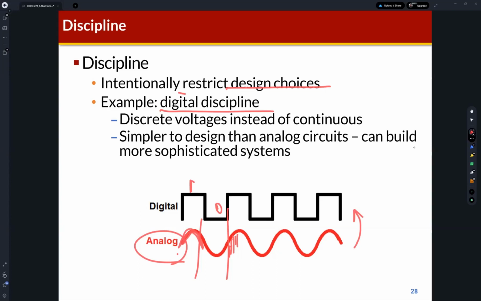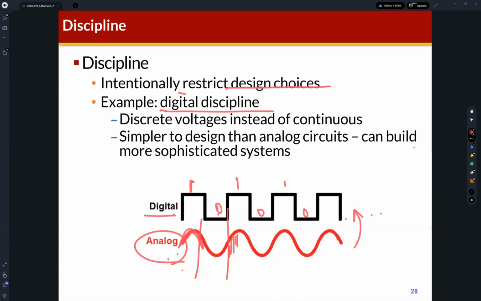So what does that mean? We reduce the possible values of real signals. We can represent this analog signal using 1s and 0s, 1 and 0, something like that. As you can see, the signal is much simpler than the analog signal.